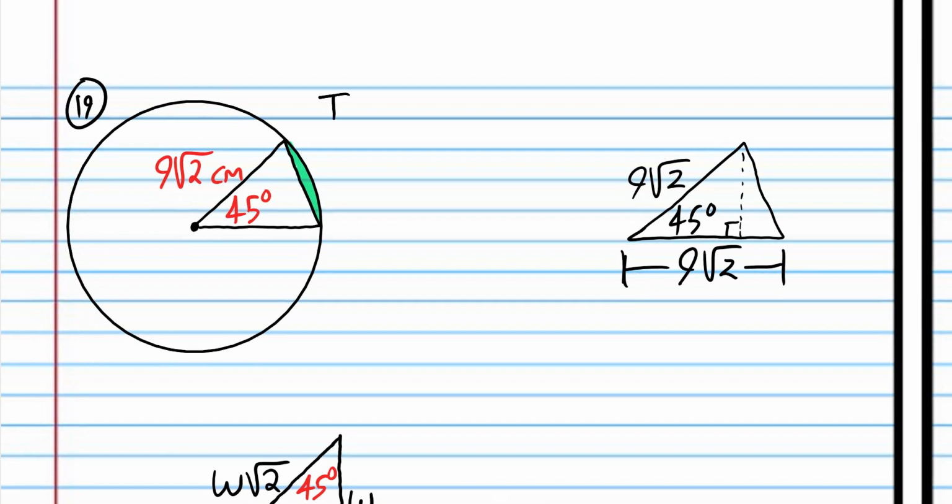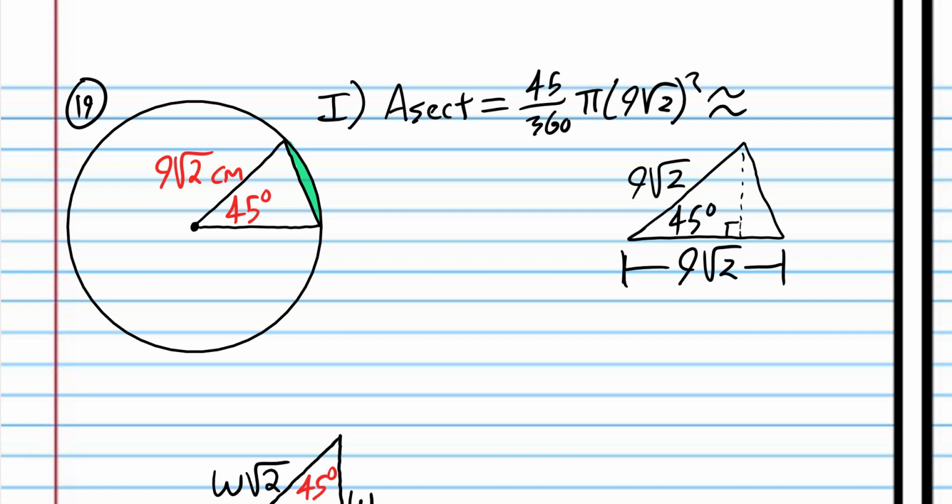So let's start by finding the area of the sector as usual. Now you're going to have to be careful on this one because we have 9 root 2. We have to square that. There's a lot of different ways you can do this, but I'm going to start with the root. So I'm going to put 2 and then the square root button, then times 9 equals.